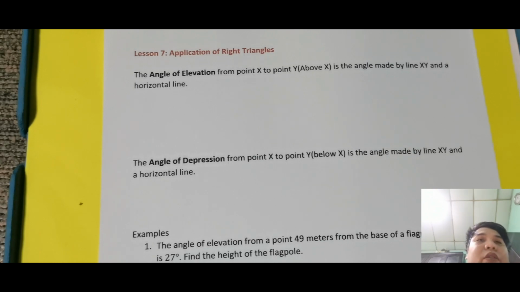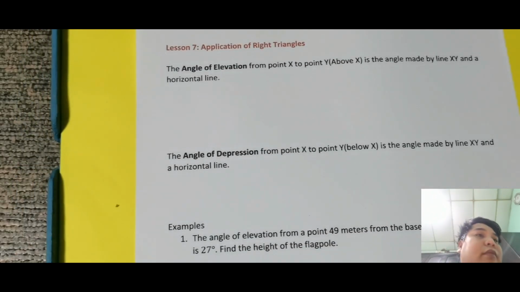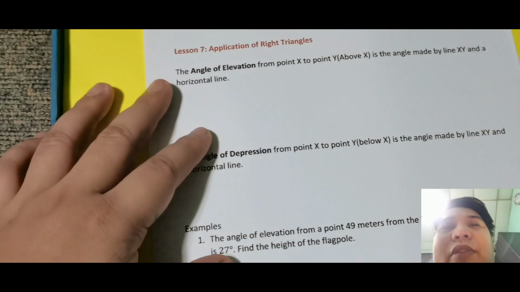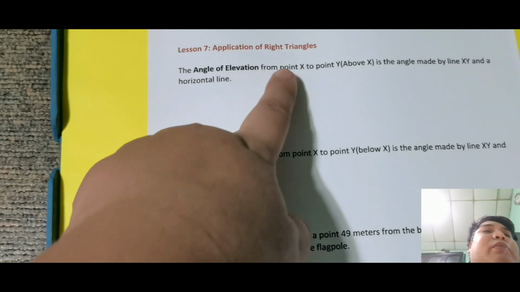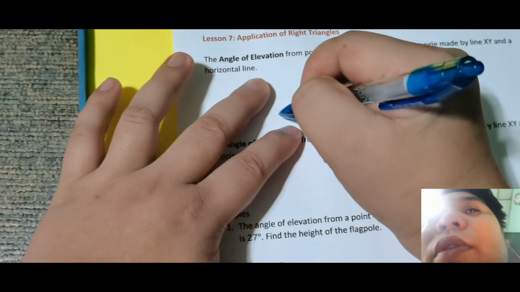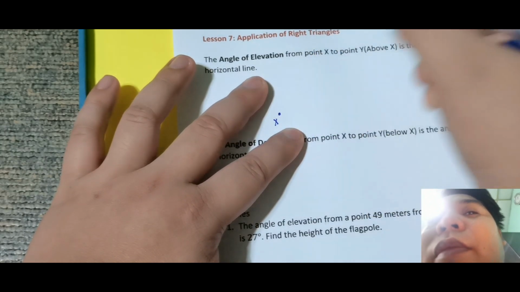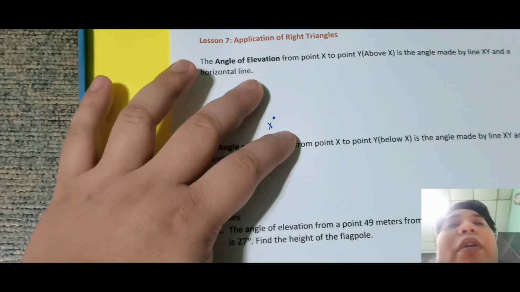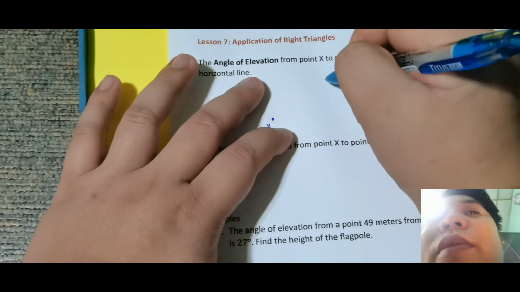Okay, so start tayo. The angle of elevation from point X to the point Y above X is the angle made by the line XY and the horizontal line. So ulit ko lang, the angle of elevation is from point X. Assuming ito yung point X natin, then sabi niya from point Y above X, so somewhere dito.